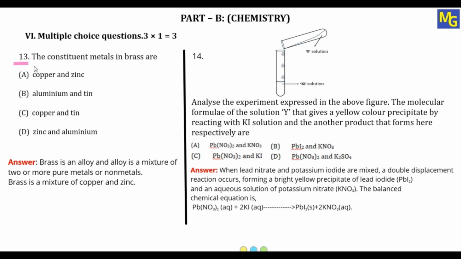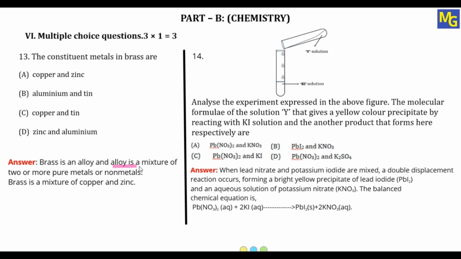So question number 13, the constituent metals in brass are: option A, copper and zinc; B, aluminium and tin; C, copper and tin; D, zinc and aluminium. So what is the answer? Answer, brass is an alloy.